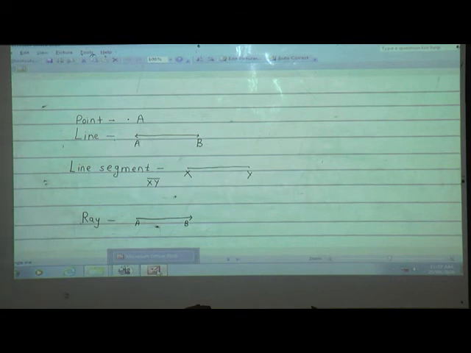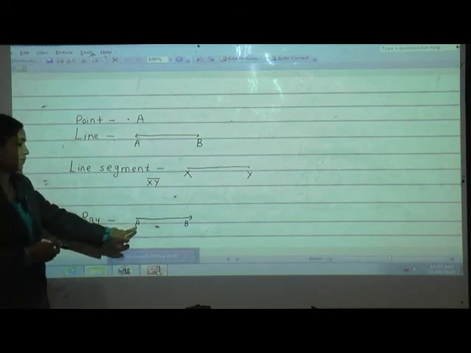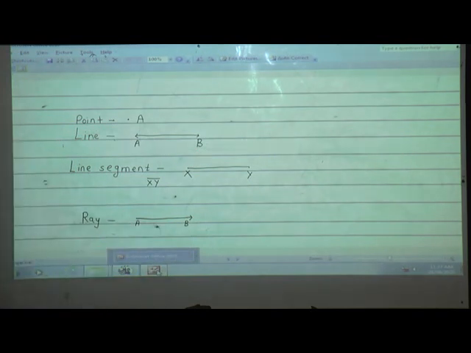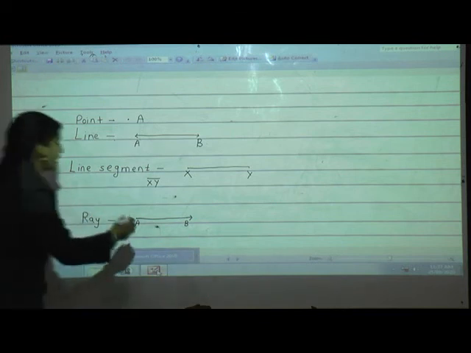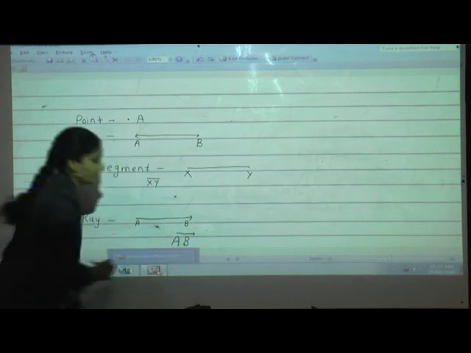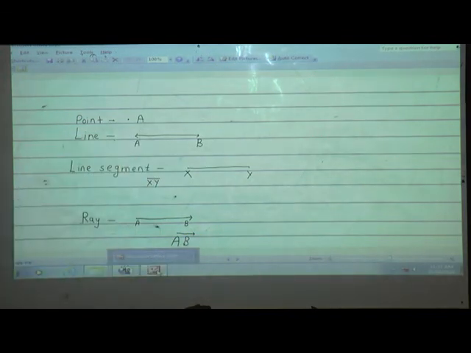It begins at point A and it has no end point. And B is a point on the ray. The ray AB is denoted like this. So these are some geometrical figures that you have already studied in previous standard.